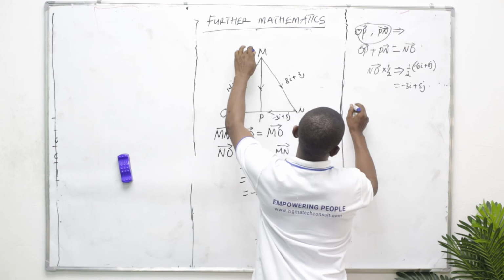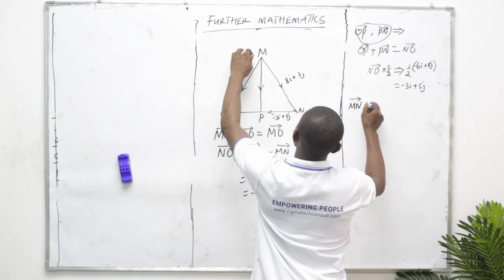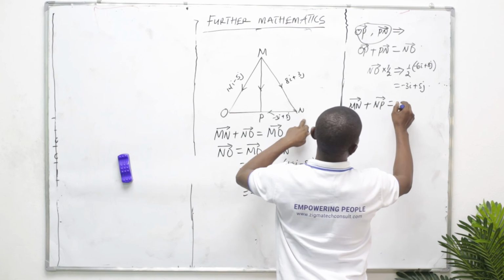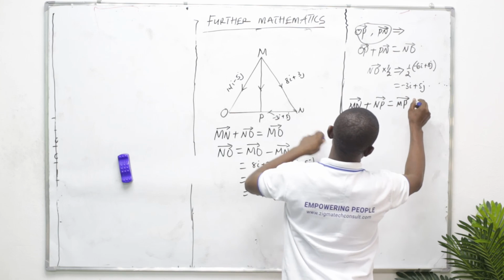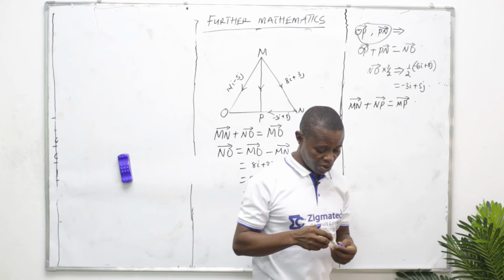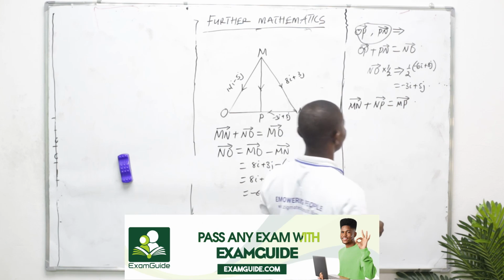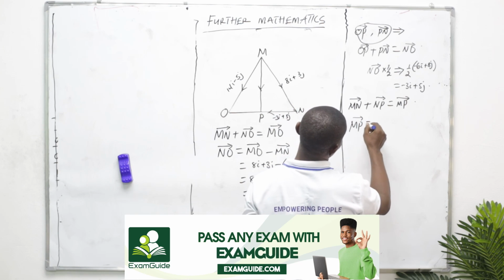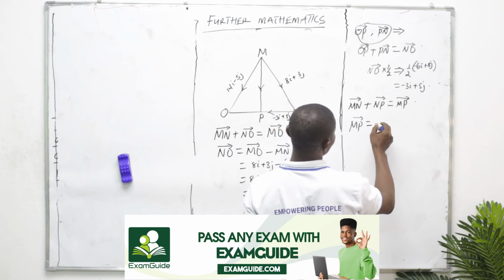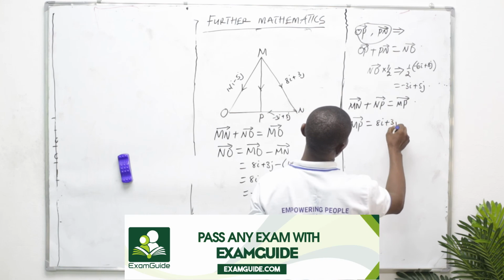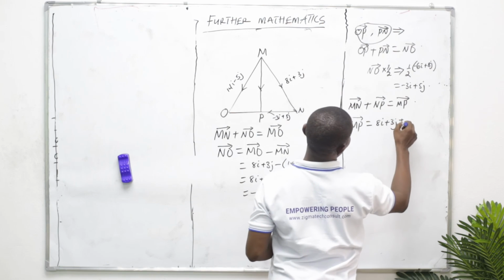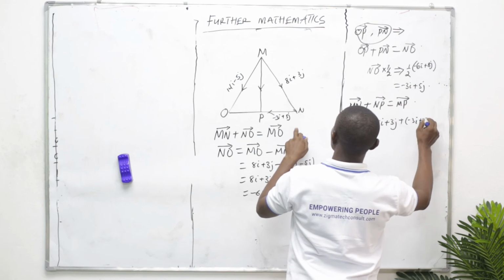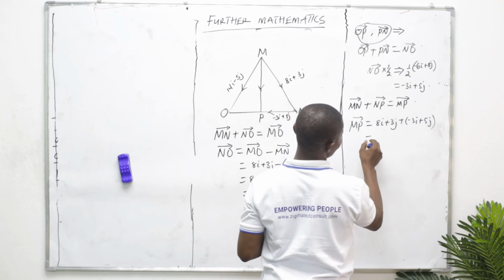That is vector MN plus vector NP equals vector MP, and this is the question you were told to provide the solution for. Therefore, MP equals what? MN. What is MN? 8i plus 3j plus bracket 3i minus 4j.